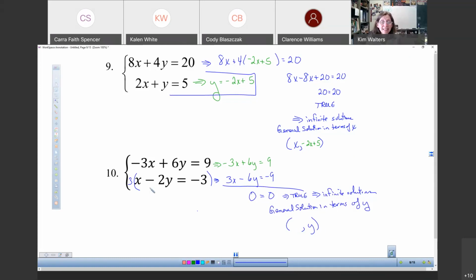I'm going to take this second equation just because it's the one that has a single x in it. I'm going to say x minus 2y is equal to negative 3. So I'm going to add 2y to both sides. So I get x is equal to 2y minus 3. And so in place of the x component, I'm going to write 2y minus 3. And so this is my general solution solved in terms of y.